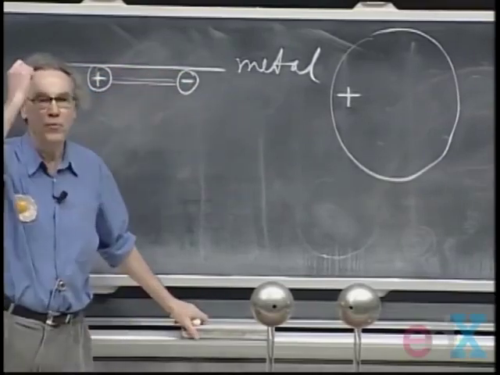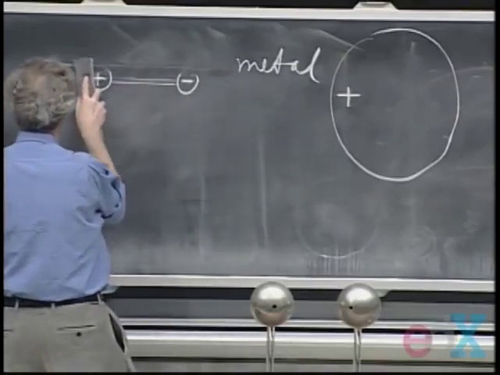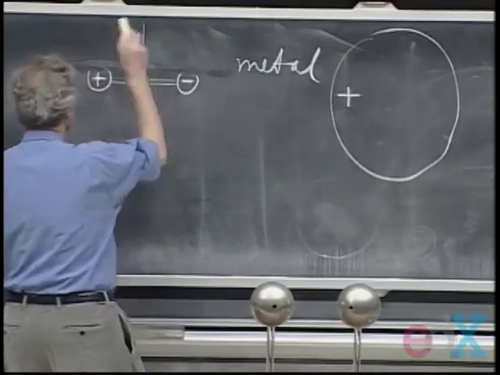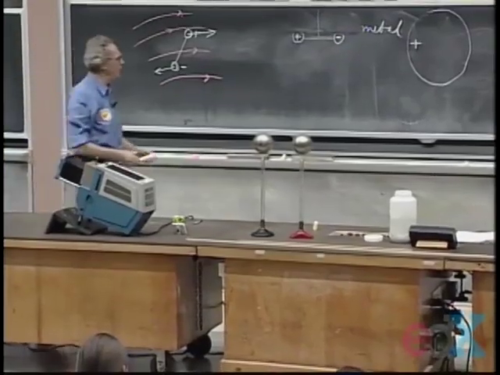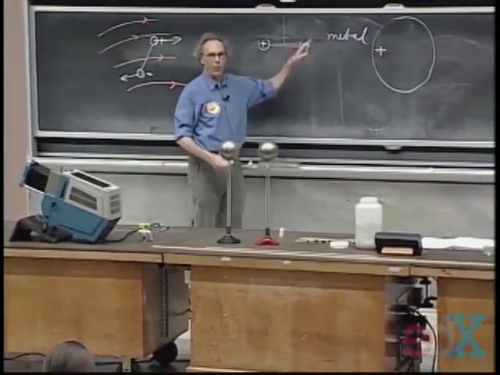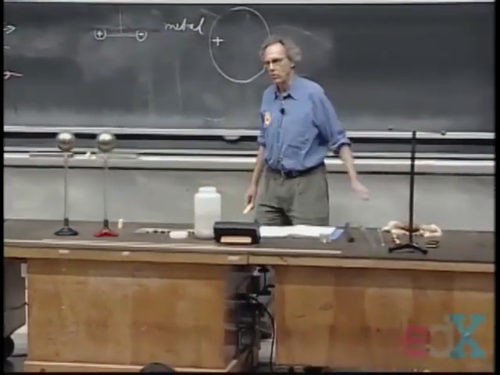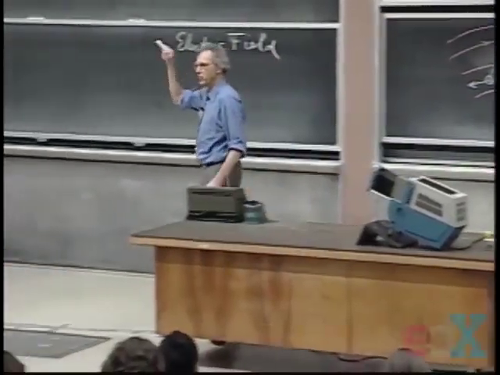Now, I remove the bar. And so when I remove the bar, I have created now a dipole. I have here an insulating thread, and I have a fishing rod, and at the end of my fishing rod, I have now a permanent dipole. With that permanent dipole, I'm now going to probe the electric field around this Van de Graaff.